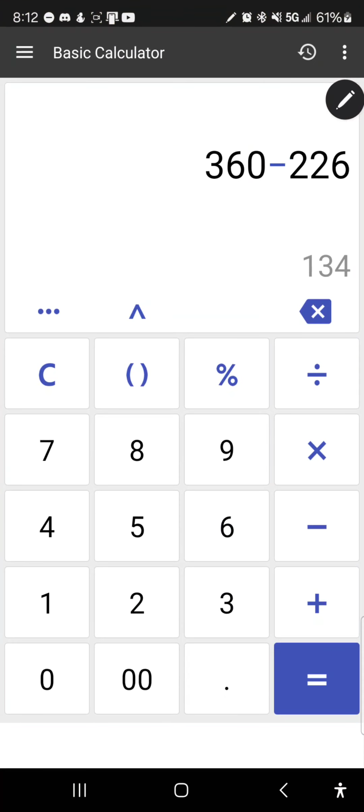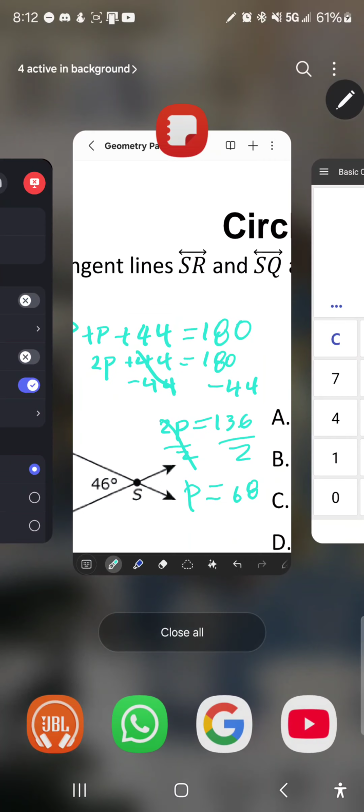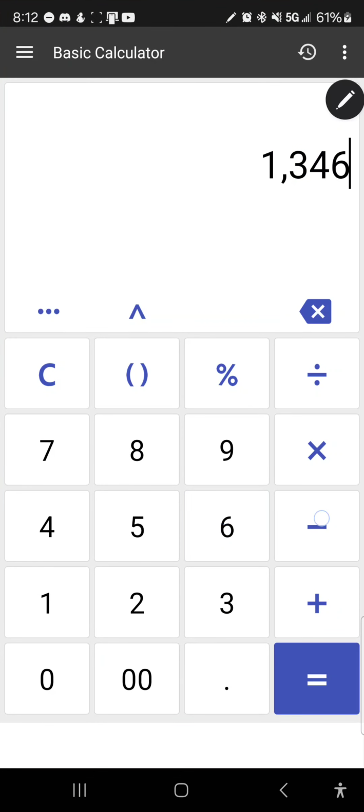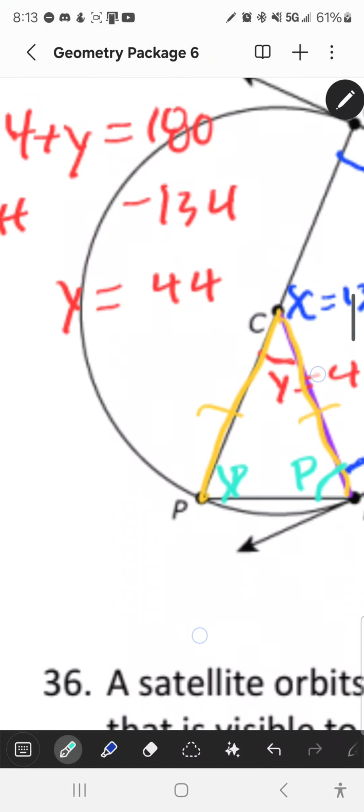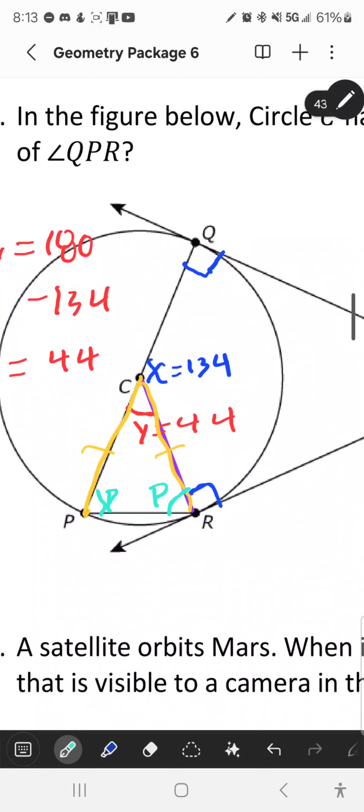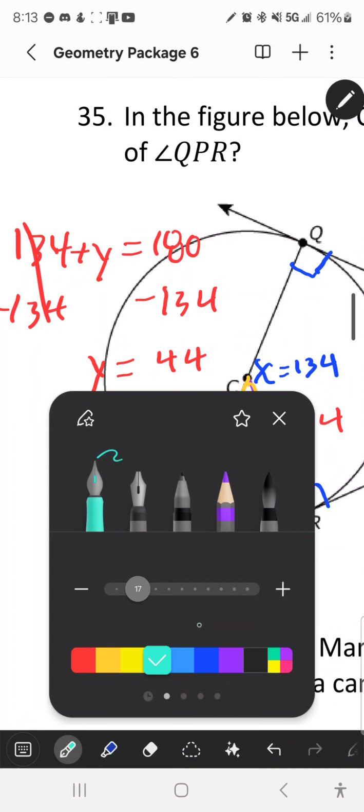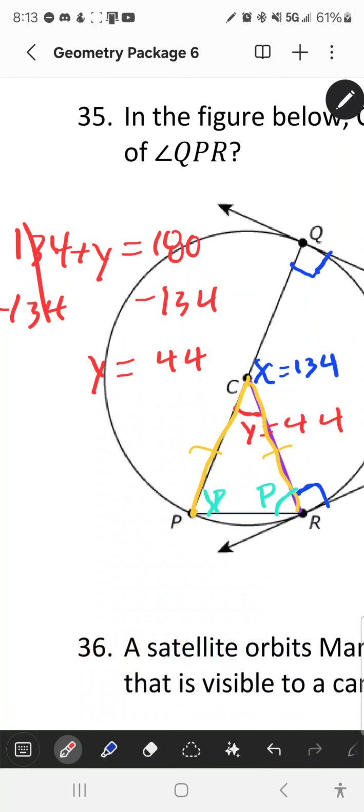So you want to make sure 134 divided by 2 is 67. Oh, here it is 46.